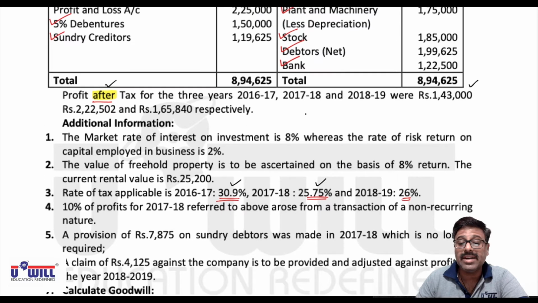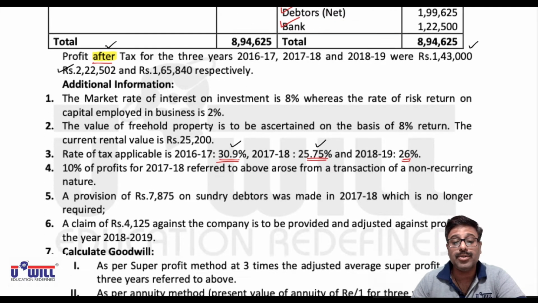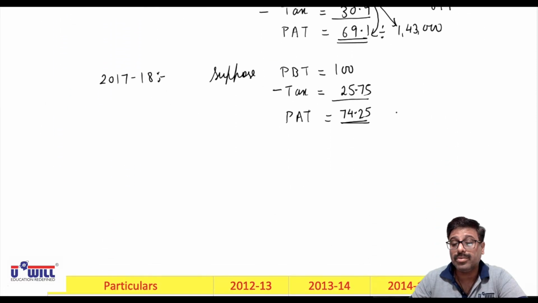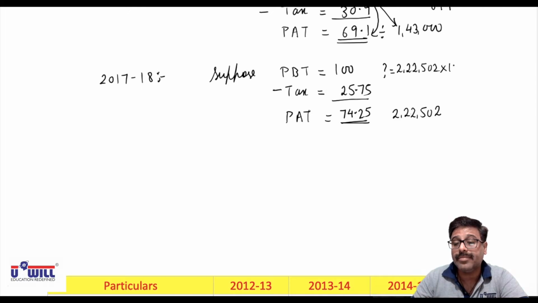Now for 17 to 18, the profit after tax given is 222,502. So what would be the amount of profit before tax? 222,502 into 100 divided by 74.25.